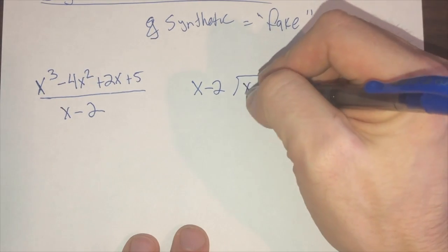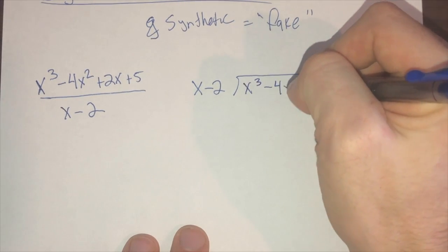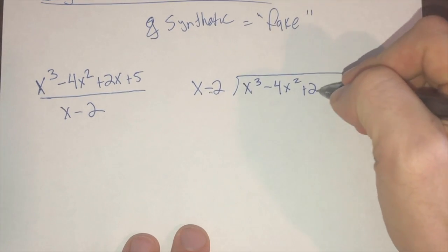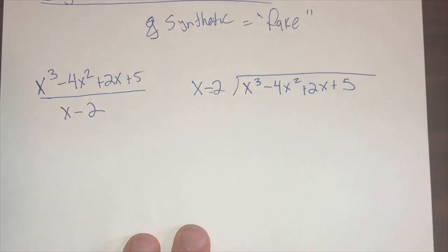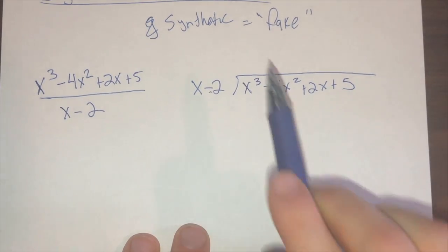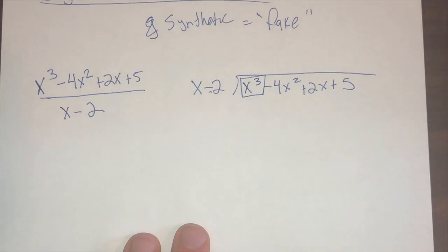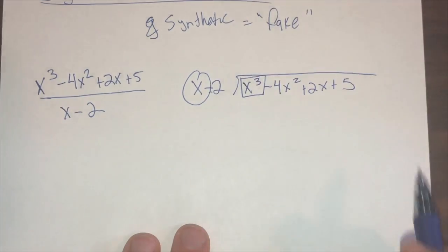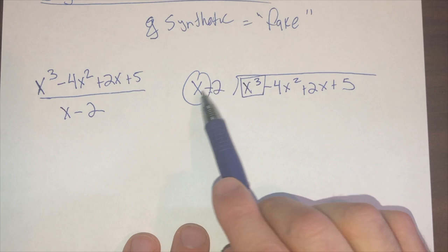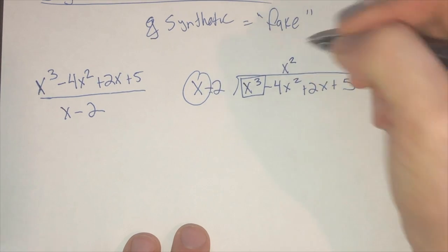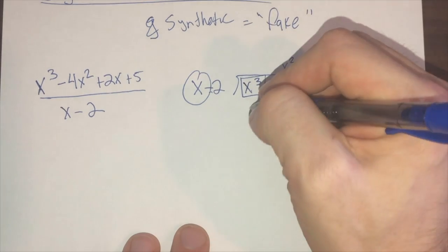First I set up my division and fill in my divisor, and now I'm filling in my dividend. To start, we do the leading term. What times x equals x cubed? That is 1x squared. And then I bring that in.